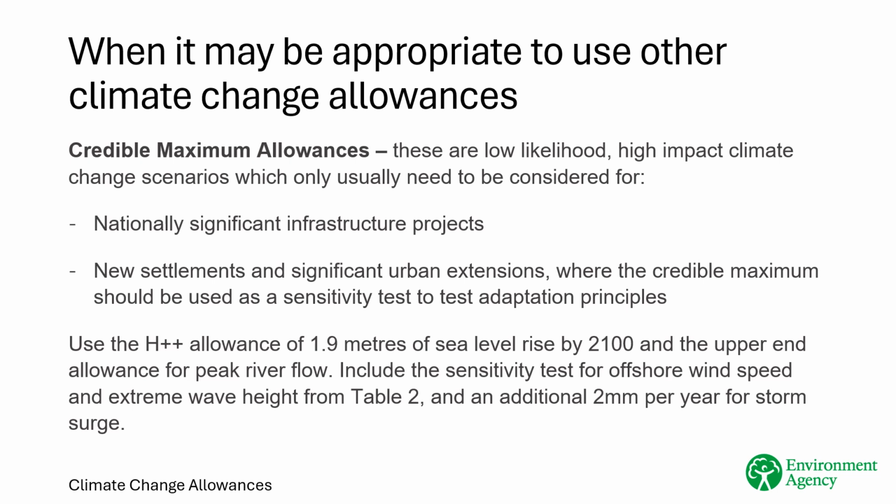You should use the upper end allowance for peak river flow, sensitivity test allowances for offshore wind speed and extreme wave heights taken from Table 2 of the guidance, and an additional 2 millimetres per year on top of sea level rise allowances from 2017 for storm surge.